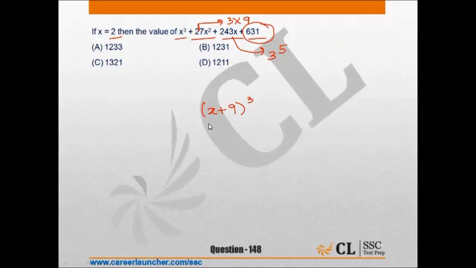Therefore, this will become x plus 9 whole cube. But if I add 98 in this and subtract 98, this will become x plus 9 whole cube minus 98. Now the value of x is given as 2. So it will be 11 whole cube minus 98 or 1331 minus 98, and this would give me the answer as 1233. Hence my correct option is option A.